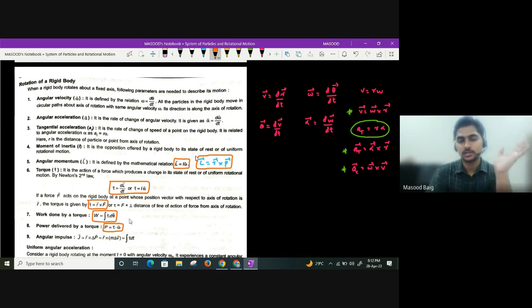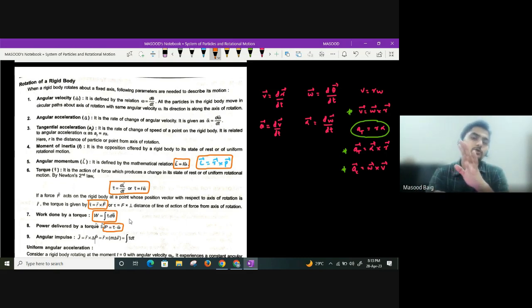Whatever is velocity, till work, energy, power, angular velocity will be the same. Whatever is acceleration, angular acceleration will be the same. Whatever is linear momentum, angular momentum will be the same. Whatever is force, torque will be the same. These points you should be aware of, and basic formulas that you should know.